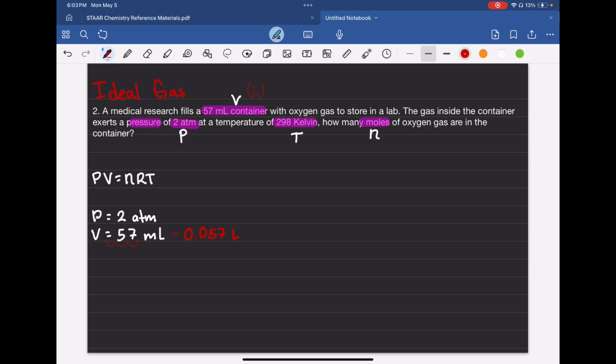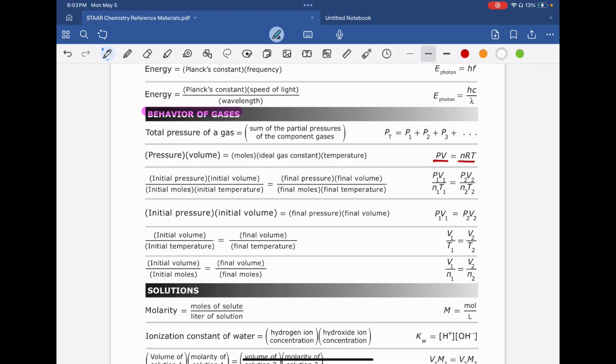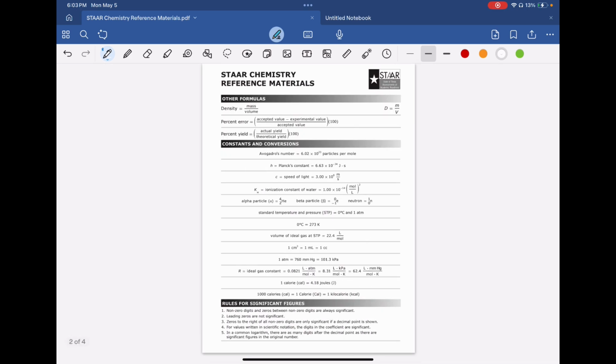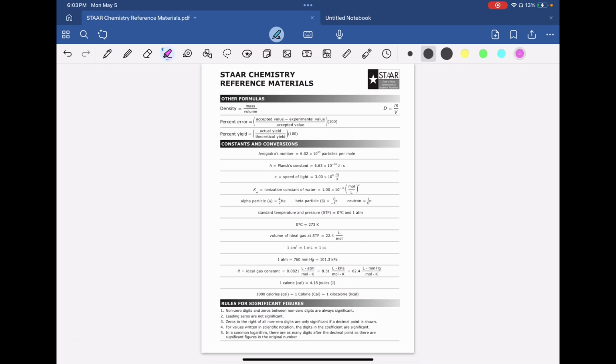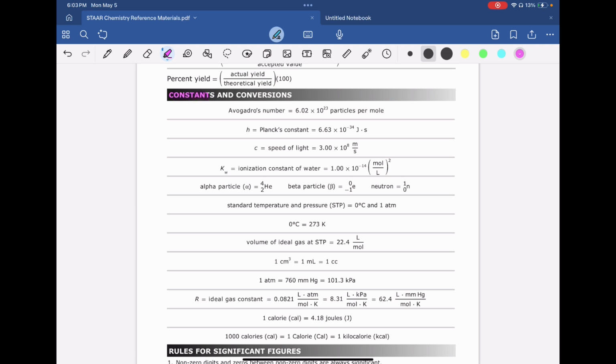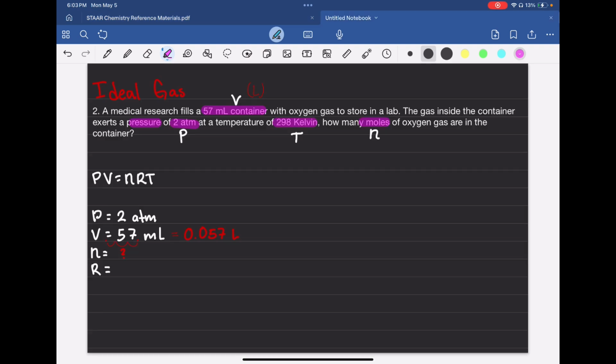Okay, our moles, N, is what we're looking for. So this is our unknown variable. And then our constant, R. Our constant can be found in our reference material as well. So under constants and conversions, you see right here that R, our ideal gas constant, is 0.0821.